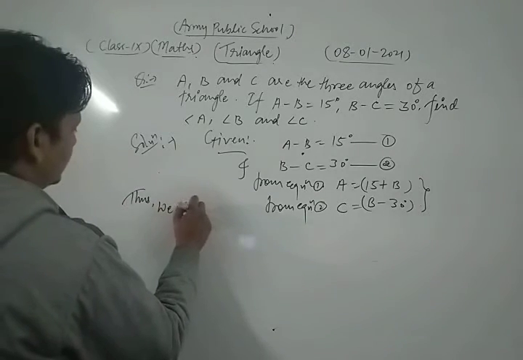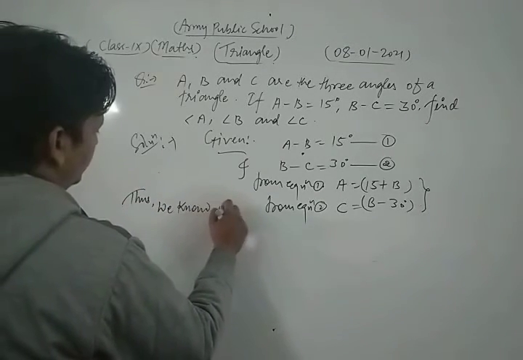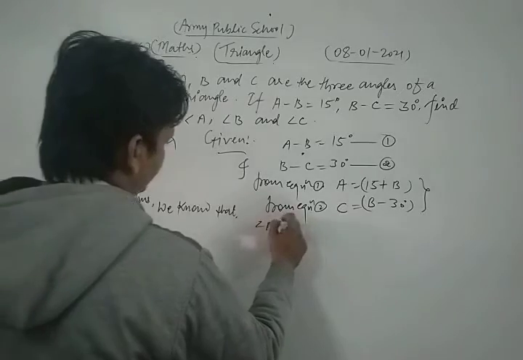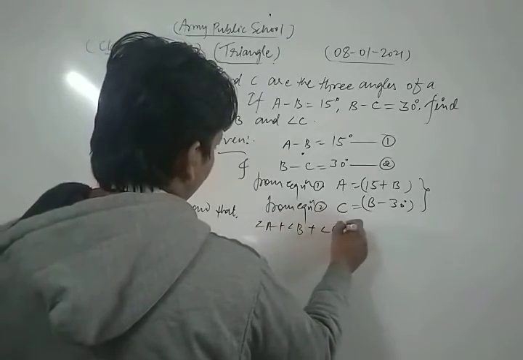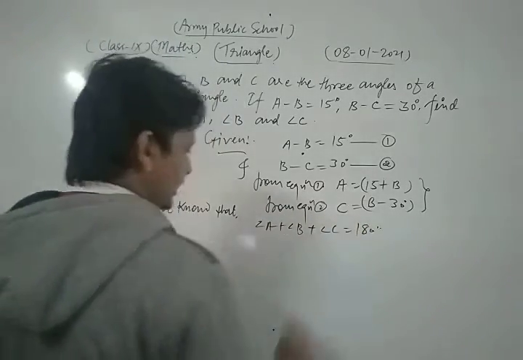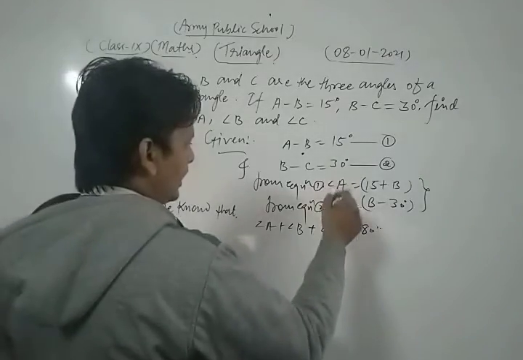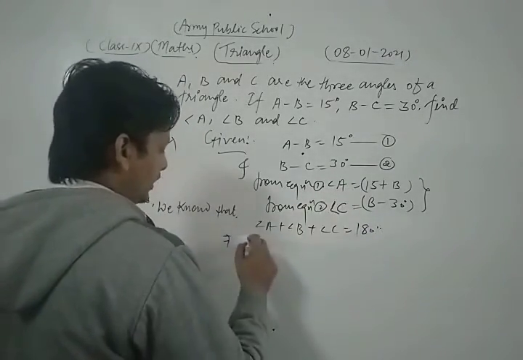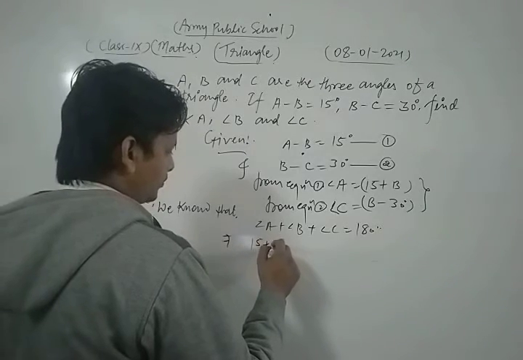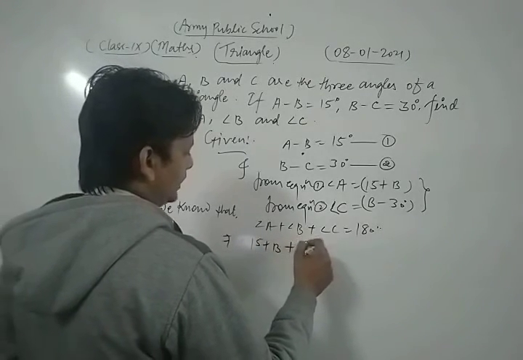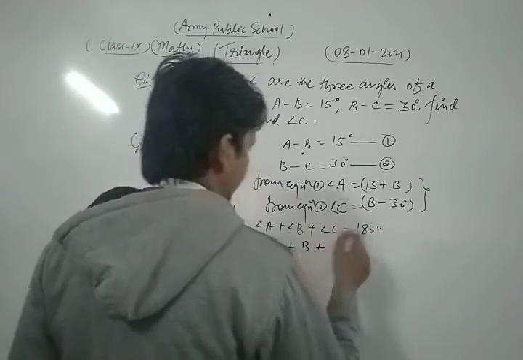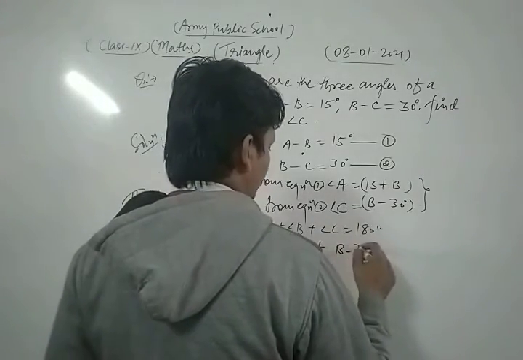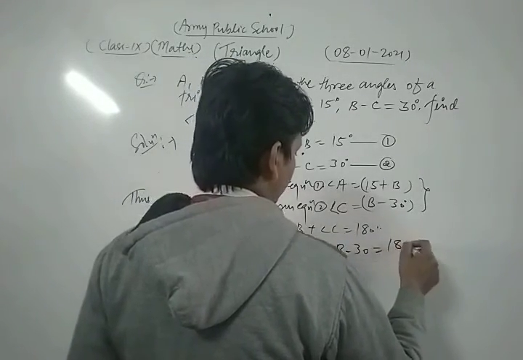Thus, we know that the sum of all three angles is 180 degrees. Now we put the value of angle A and angle C. Angle A is 15 plus B, angle B stays as it is, and angle C is B minus 30, equal to 180.